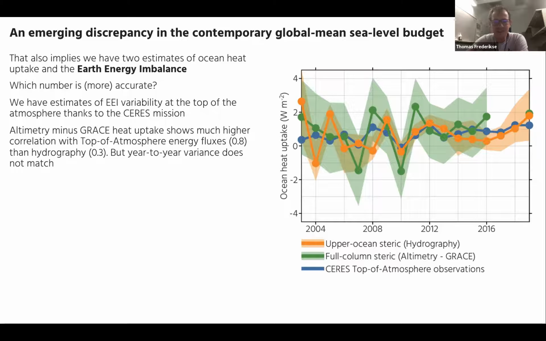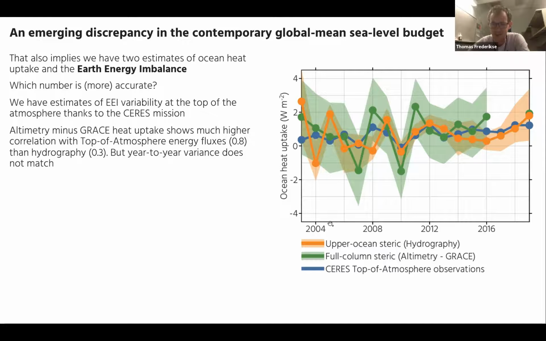With CERES you cannot really estimate the mean radiative imbalance, but you can estimate the year-to-year variability very accurately. At least that's what we think. So then we can start making a correlation of the annual ocean heat uptake versus the annual top of atmosphere radiation flux, and that is what's shown here.